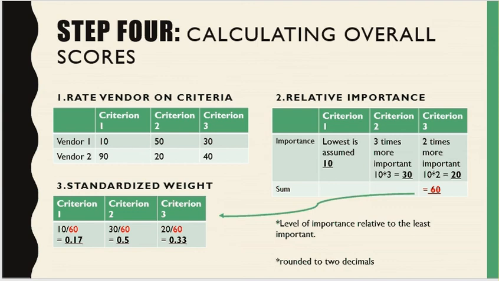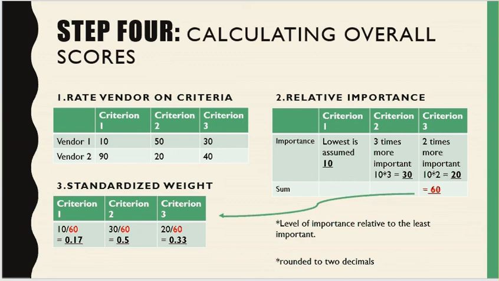Next, we're going to be calculating the relative importance, and this is going to help us get our standardized weight. To do this, you want to ask the interviewee to also rate the criteria that you picked, which one's the least important, and then you're going to be evaluating the other two criteria around that.